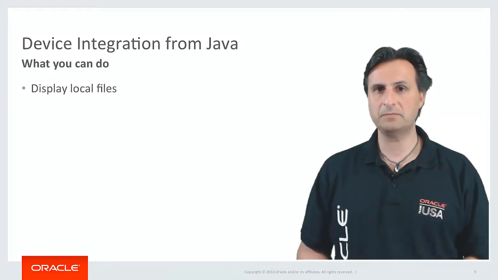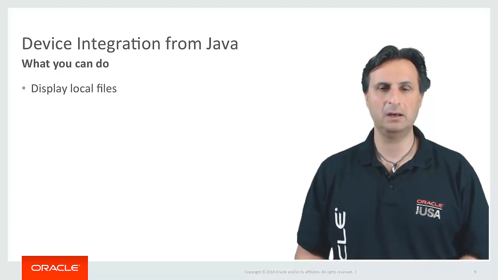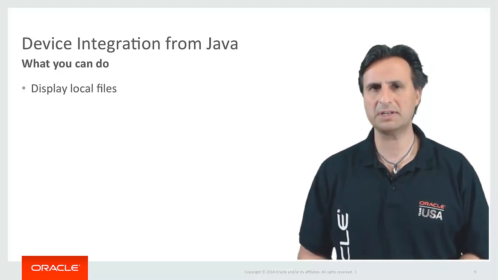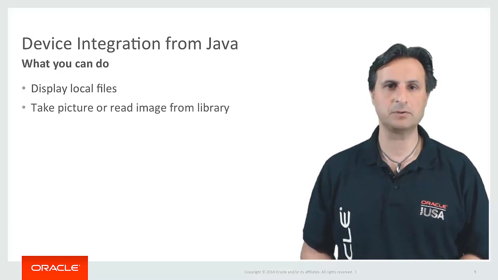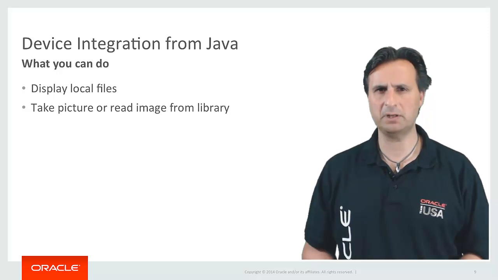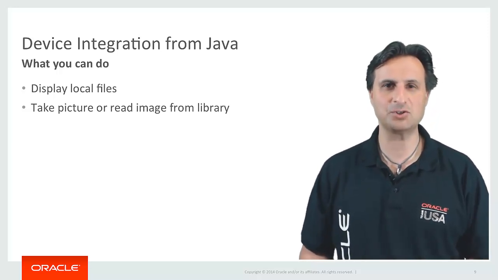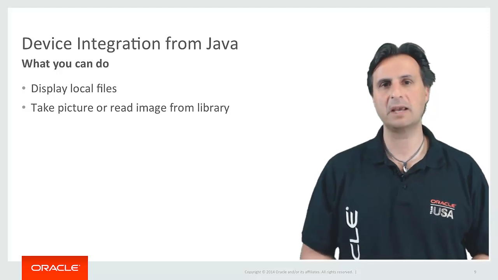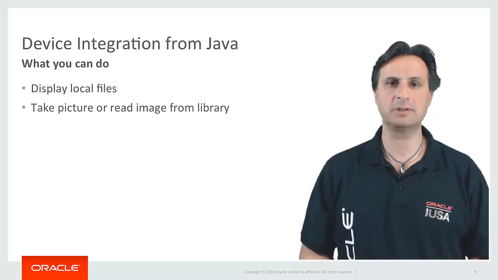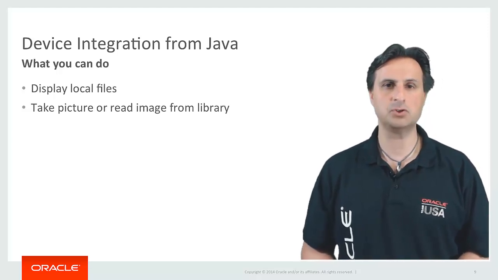So device integration from Java, well, I mentioned you can display a local file, or take a picture maybe in the context of your business logic, where you want to take a picture and send it off to the server. An example would be an insurance case where the user has an accident and then the car is damaged or whatever is broken, so they want to take a picture and upload the images with the report to the remote server, and that is what you can trigger from Java.